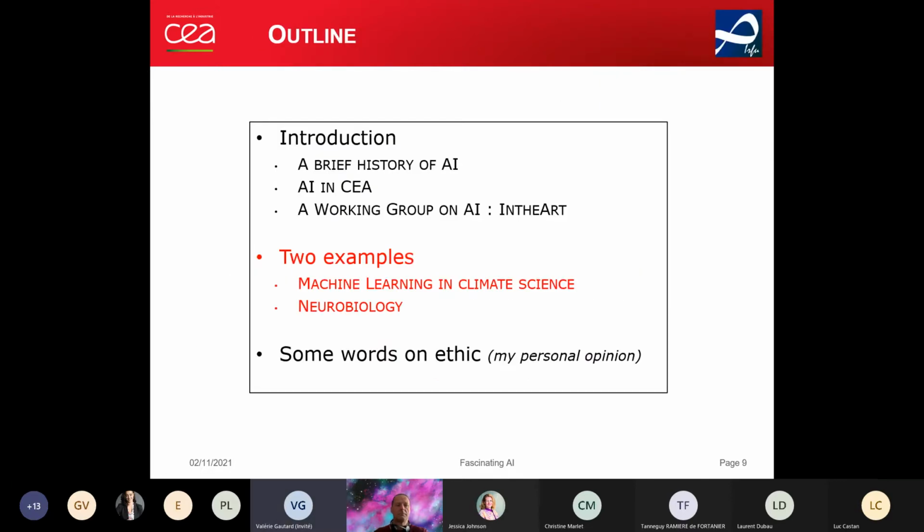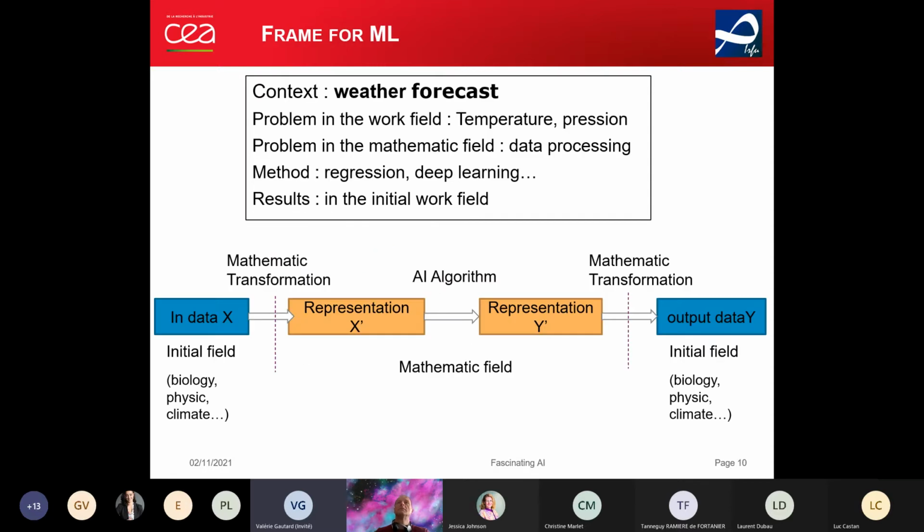Next slide, please. After looking at the story and the environment of AI, let me go into more detail on some applications of these methods. First of all, I will describe how to tackle a machine learning problem. This slide is very important because we will retrieve this reasoning through the examples.